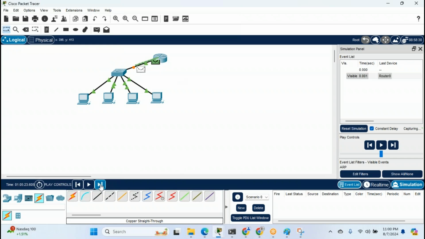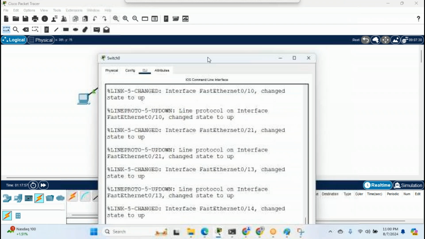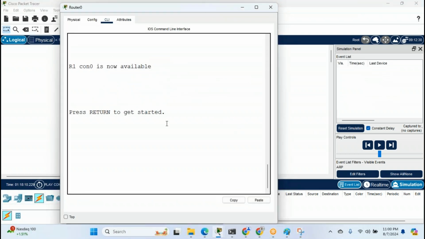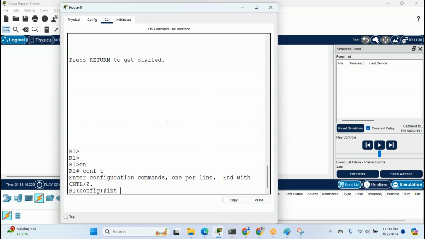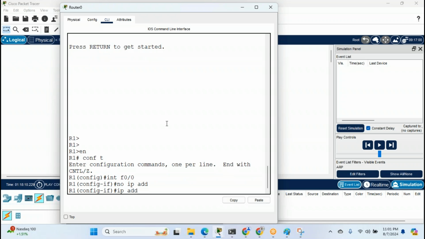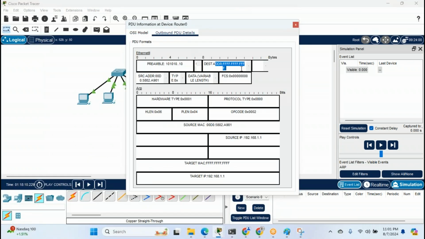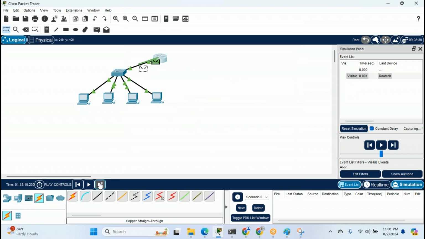So you can see the broadcast ARP request for 11.11.